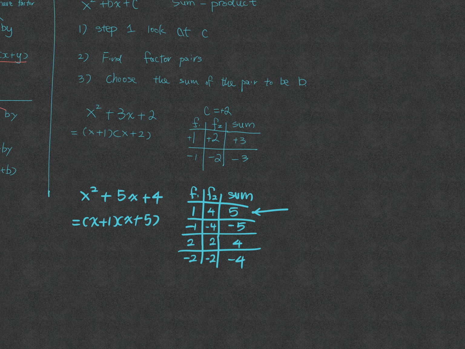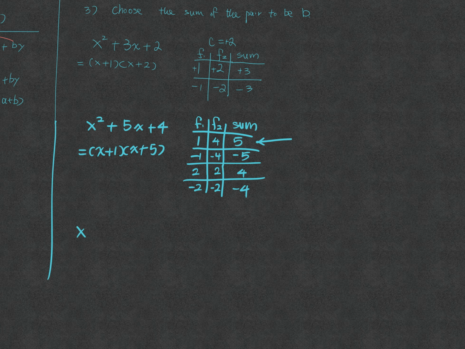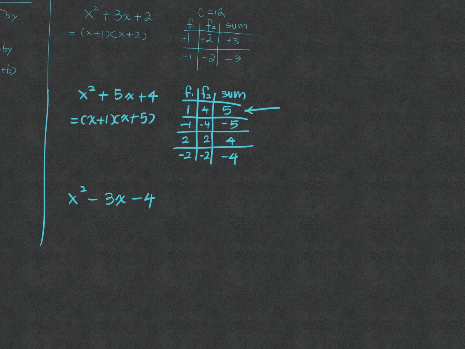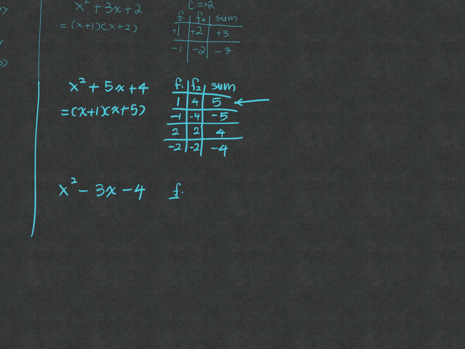Next, let's see if we have x squared minus 3x, and then let's say we have minus 4. This time for the factors, we know they have to be one positive and one negative, because the product is going to be negative 4. So we could have 1, negative 4; 2, negative 2; 4, negative 1.